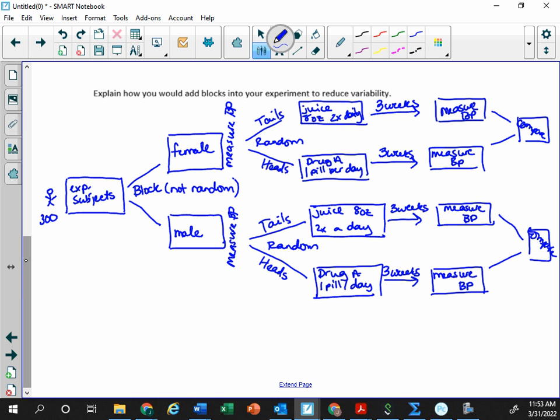Would it make sense to draw out a comparison between the two blocks? It could. It could ask you something about that, like was this drug more effective for men or women? Then you'd want one more little line to one final comparison box.